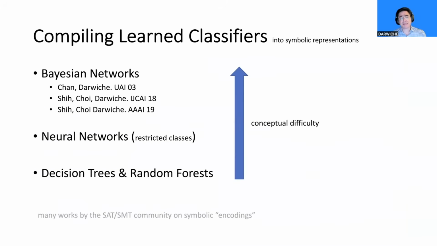If you look at the three types of classifiers that I mentioned, Bayesian networks, neural networks, and decision trees and random forests, people have compiled definitely these and those and some restricted types of neural networks into symbolic representations. You'll find that conceptually, the simplest are these. And the reason is, as you'll see later, they're almost symbolic. The most complex are Bayesian networks.